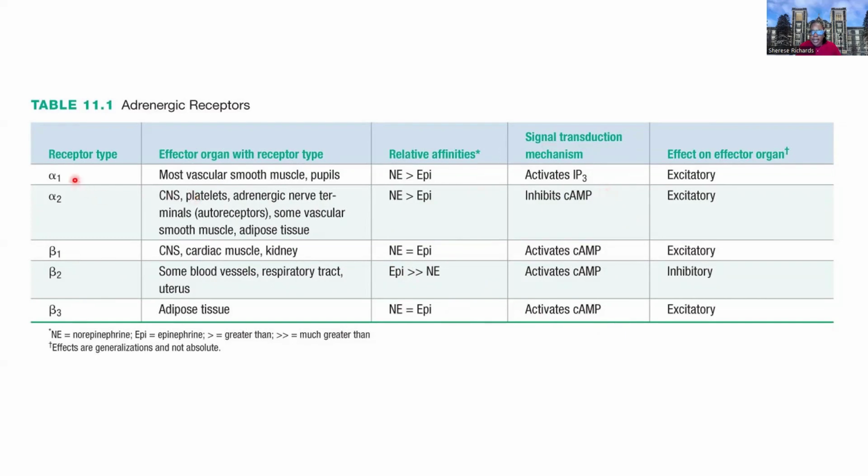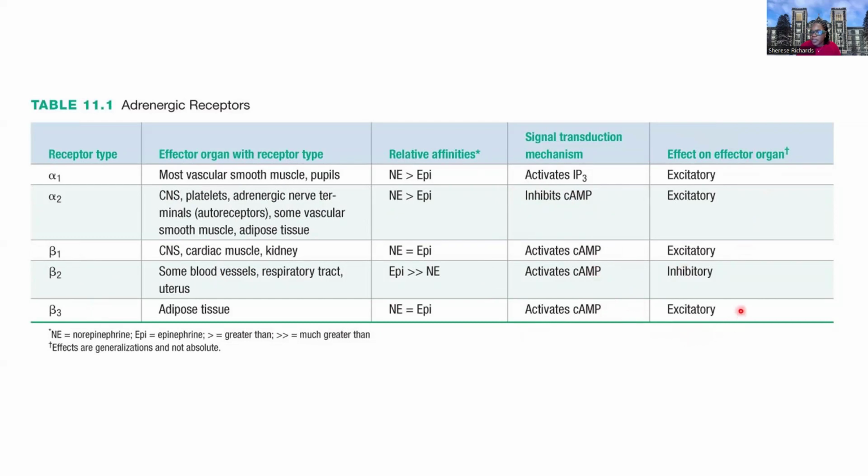So alpha-1 second messenger is IP3, and it activates that because it is a G-stimulatory protein that's coupled to that receptor. Alpha-2 receptors are using cyclic AMP as their second messenger. Remember, adenylyl cyclase was their amplifier enzyme, but they inhibit that cyclic AMP production. Beta-1, 2, and 3 all are involving cyclic AMP as well, but they all activate cyclic AMP.